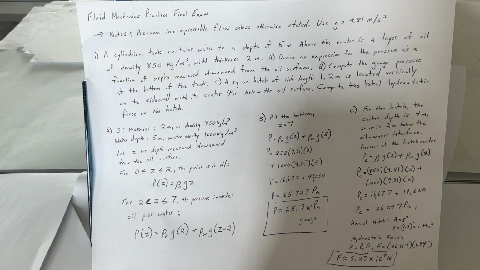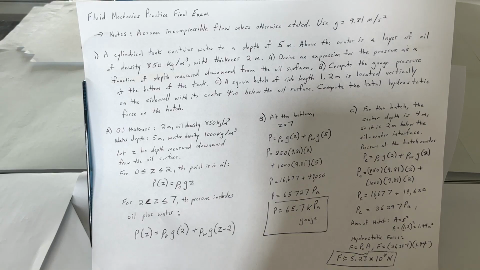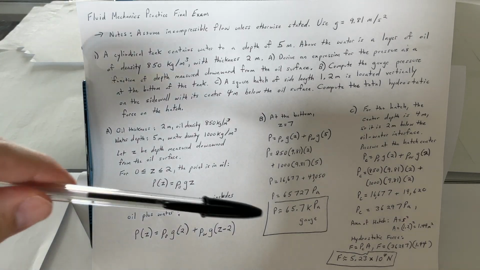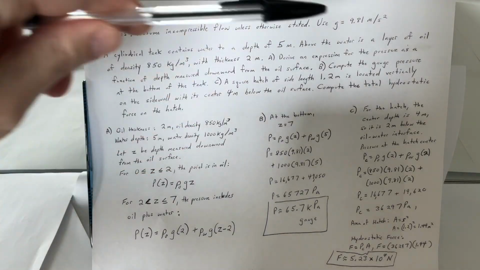Substituting 36,297 times 1.44, in scientific notation in newtons, the force is approximately 5.23 times 10 to the 4th. Okay, so that takes care of letter C.